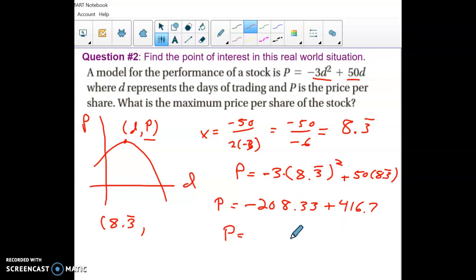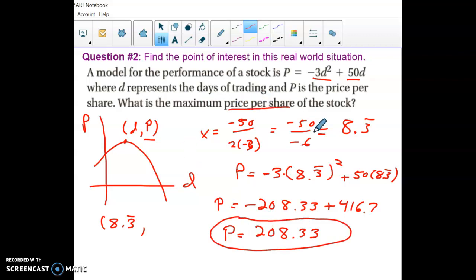Multiply these, about 416, and then add those together, and we get positive 208.33. So that looks like the max amount of price per share. I don't know if I said profit earlier, but I misspoke. It looks like that's the price per share of the stock. So the highest it ever gets is 208.3, and then it comes crashing back down.